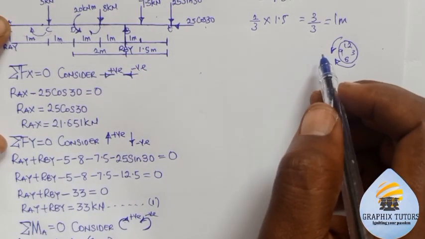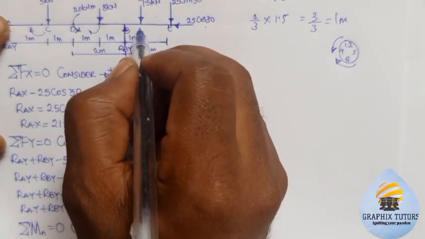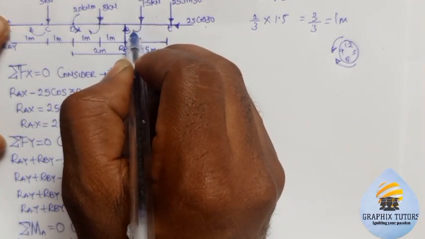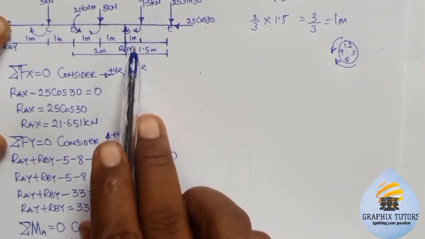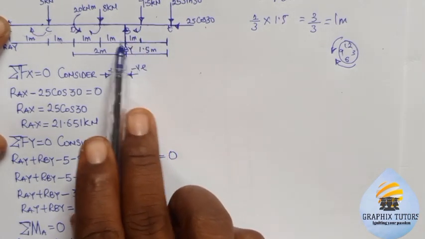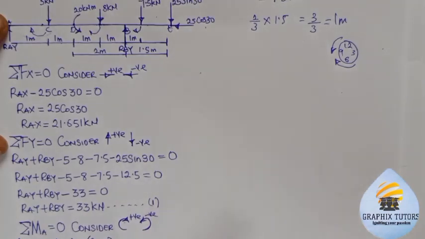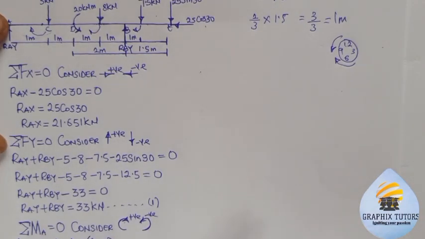Now the next one we are going to do is the 7.5 from here, right? So it will be the 7.5. This is 1, 2, 3, 4, 5. So 7.5 times 5, and that is still clockwise.